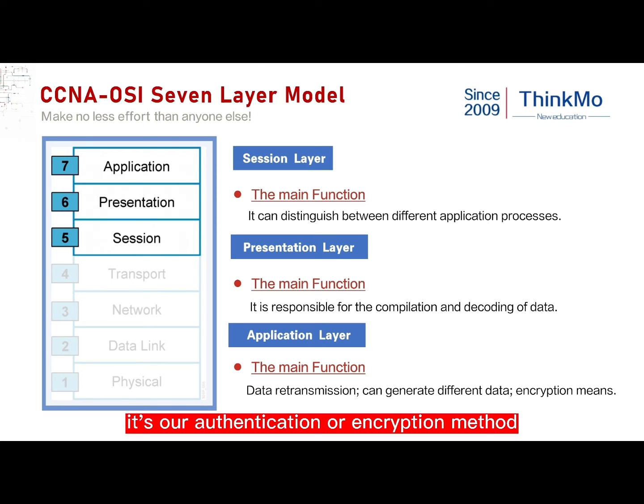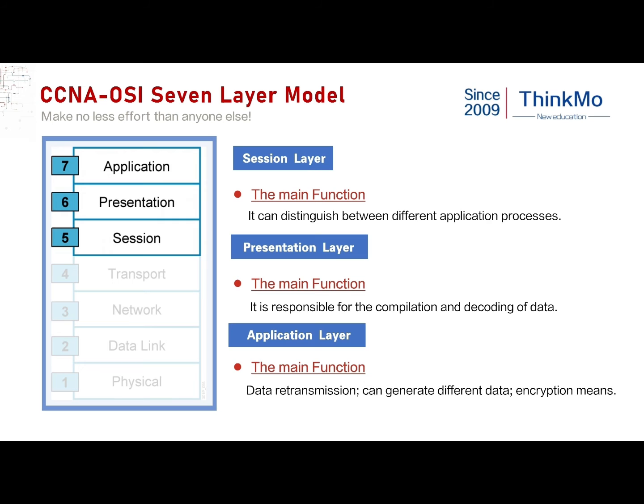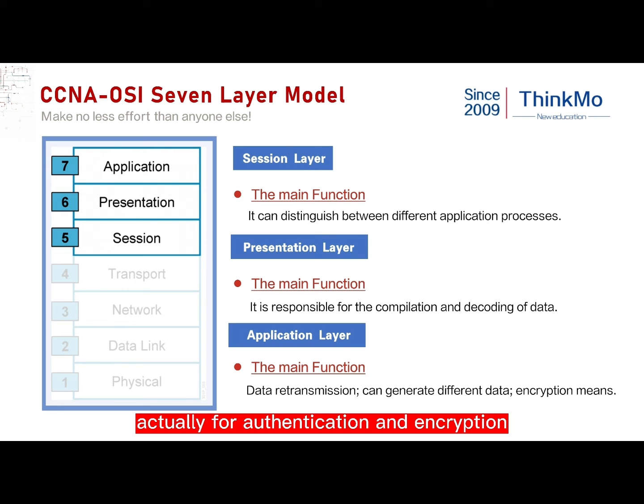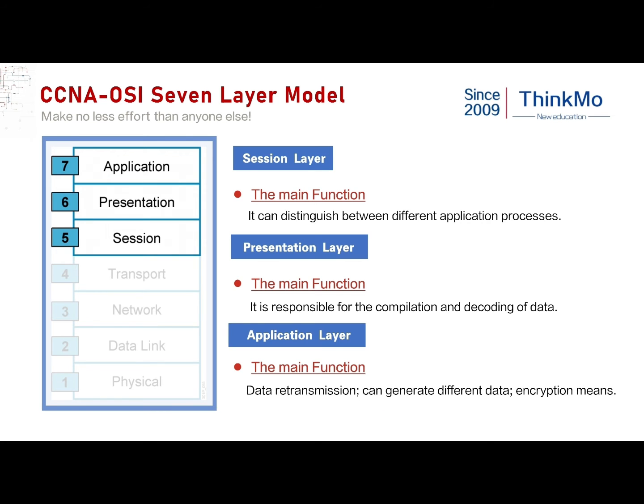One last point is our authentication or encryption method. For authentication and encryption, we prefer to refer to the large application layer, where we still follow the overall TCP/IP standard. This is a function implemented by the large application layer.